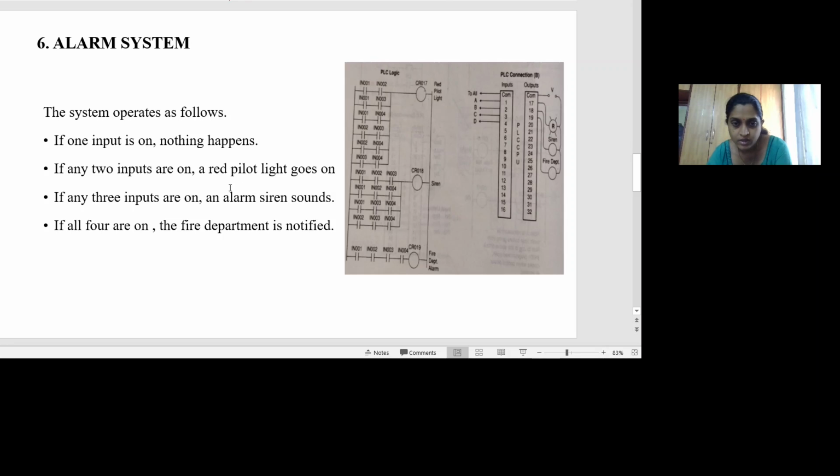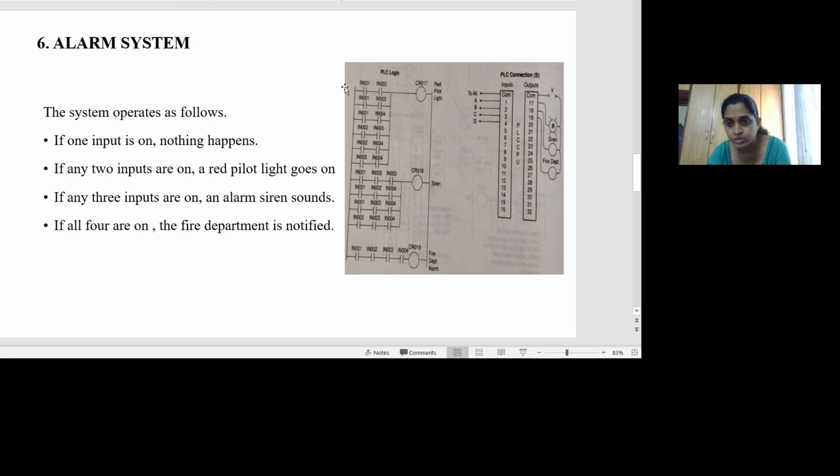Contact 1 represents input A, contact 2 represents input B, contact 3 represents input C, and contact 4 represents input D. Here it is given that a red pilot light goes on when any two inputs are on.